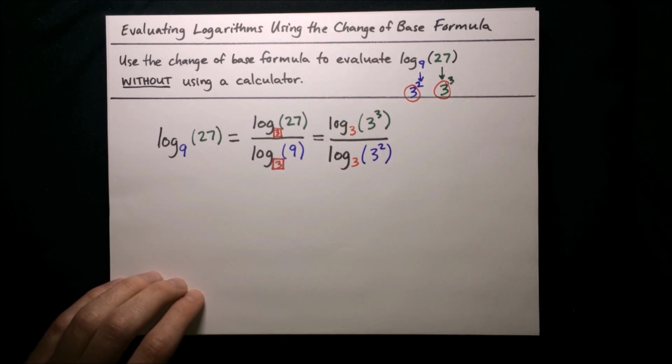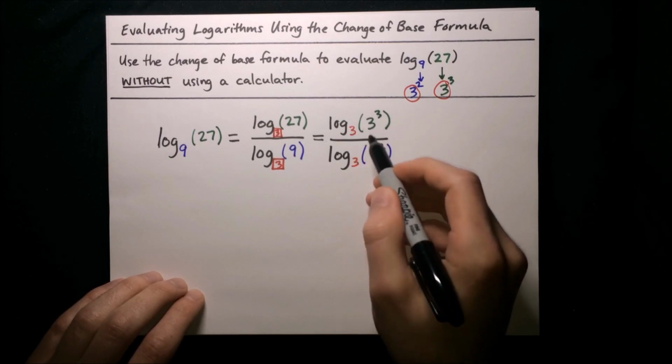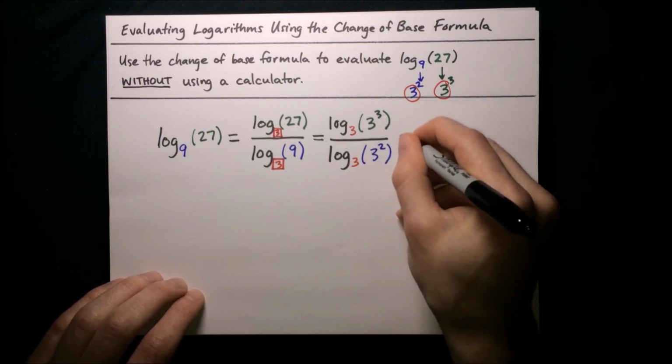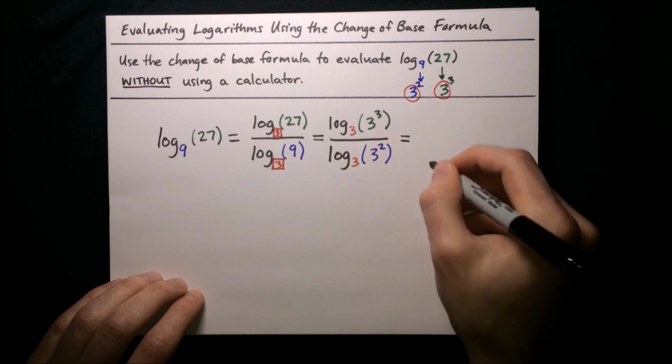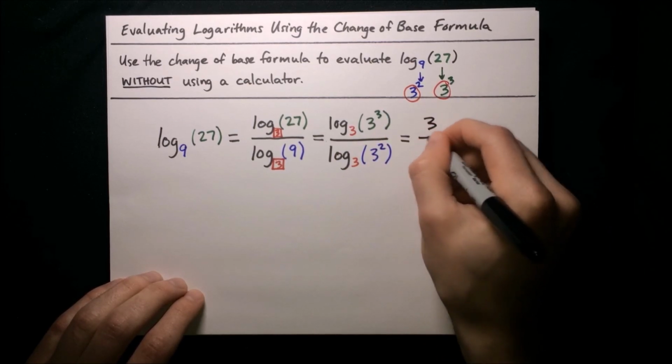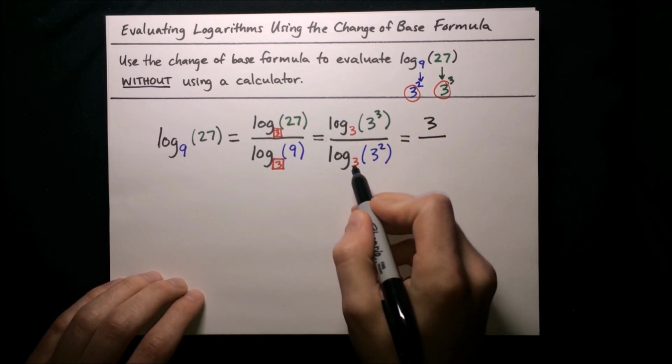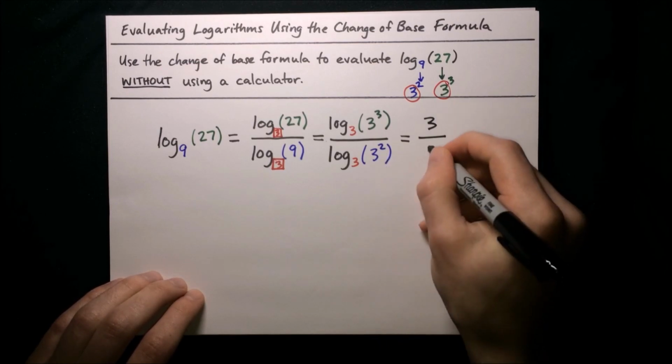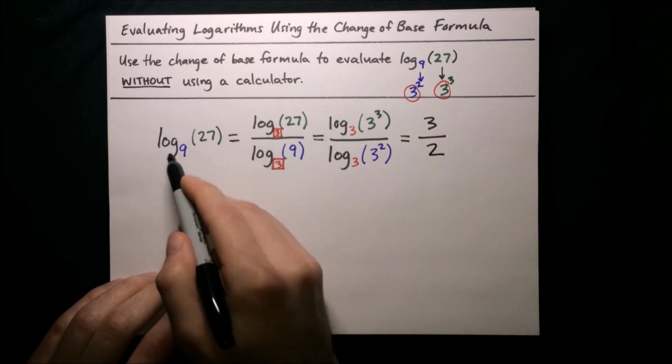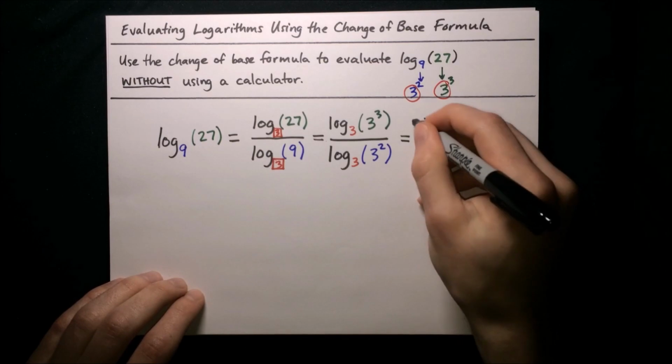Well, log base 3 of 3 cubed just asks us what power do we have to raise 3 to get to 3 cubed. So clearly that's just going to be 3. That's just going to be the exponent here. So just 3 over, and then here, same idea, it's just going to be the exponent 2. So that's what log base 9 of 27 is. It's just 3/2.